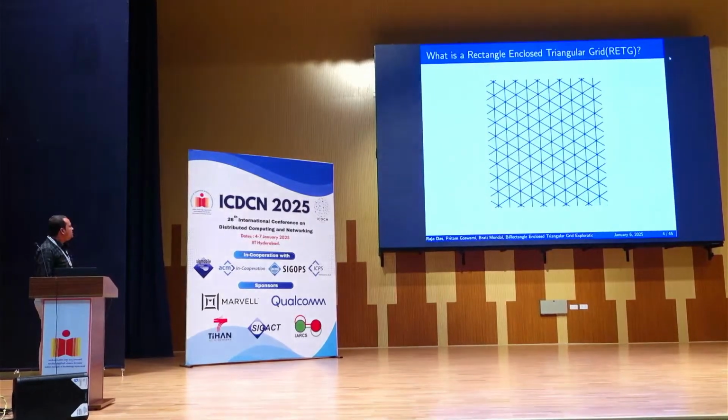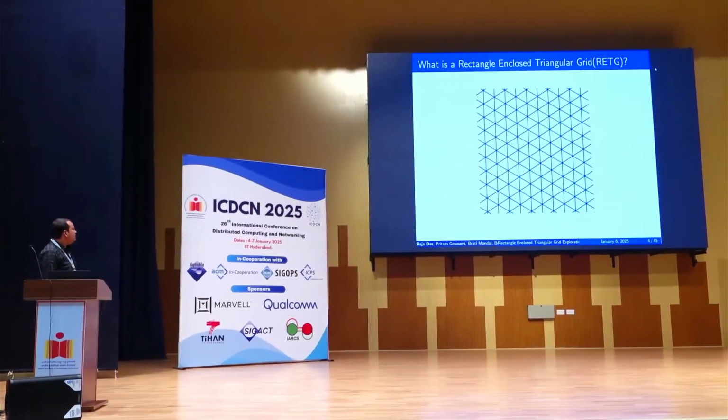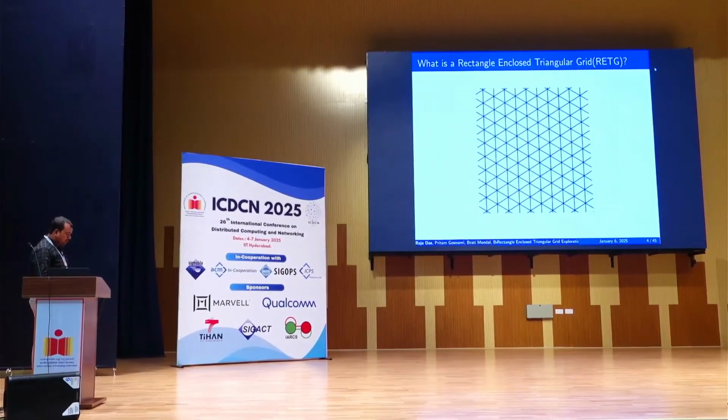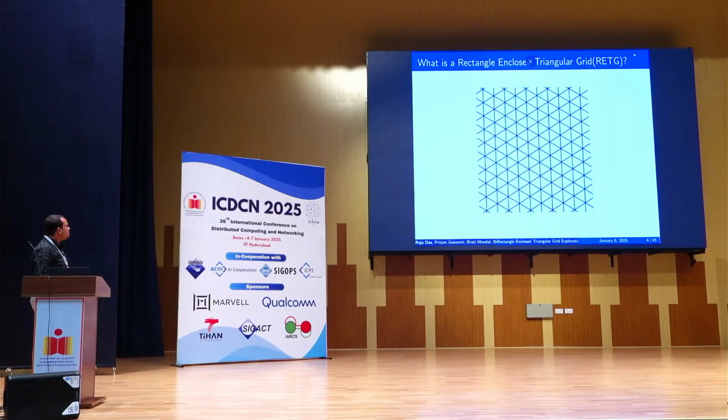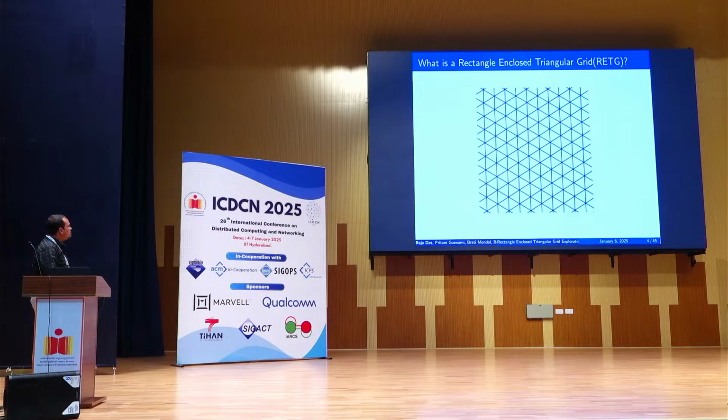This is an infinite triangular grid where we can consider these lines as columns. There are 3 families of parallel lines. This is one family, this is another, diagonal family, and the vertical one is another family.